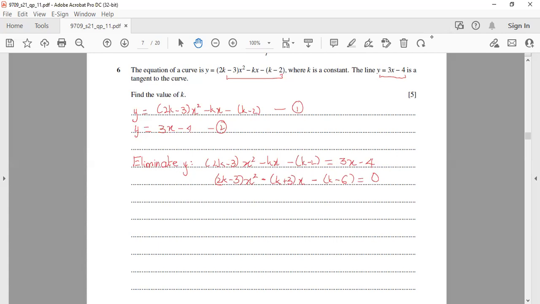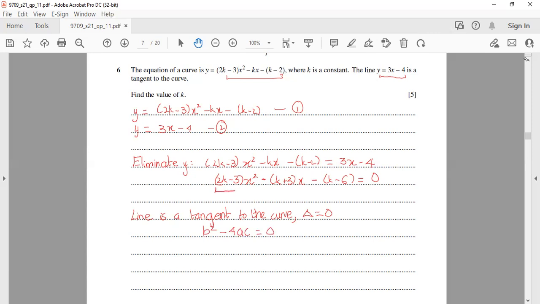Next, you know that this line is a tangent to the curve. So when a line is tangent to the curve, you know that the discriminant b squared minus 4ac is equal to 0. So line is a tangent to the curve, which implies that the discriminant is equal to 0. b squared minus 4ac is equal to 0.